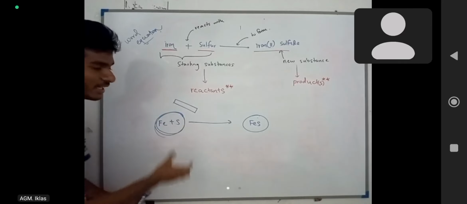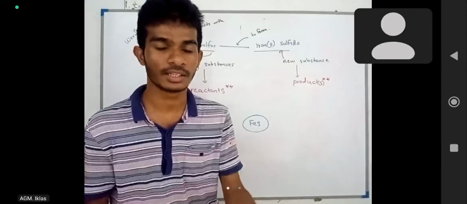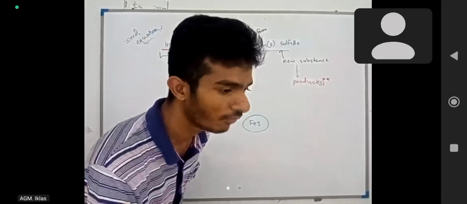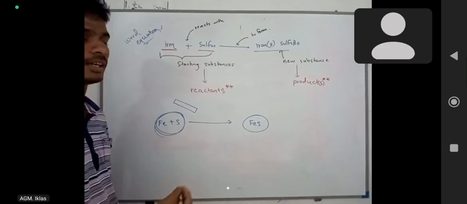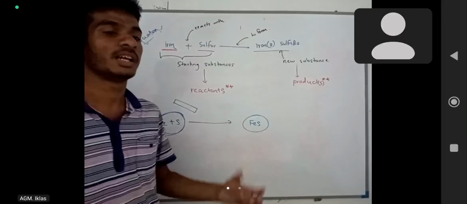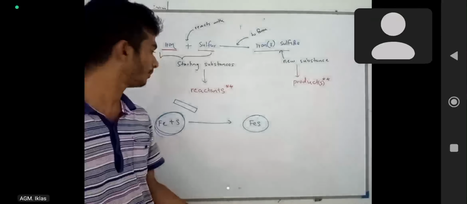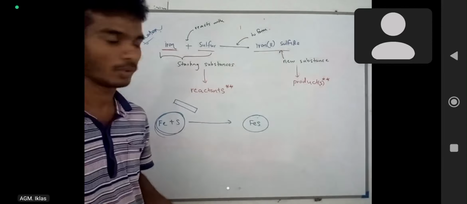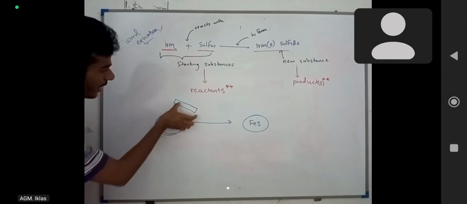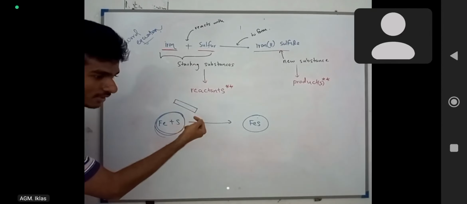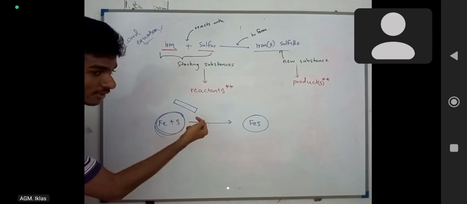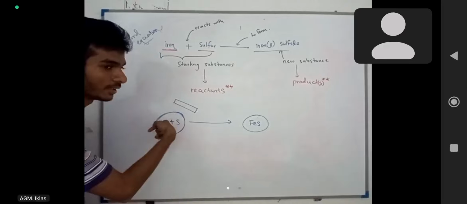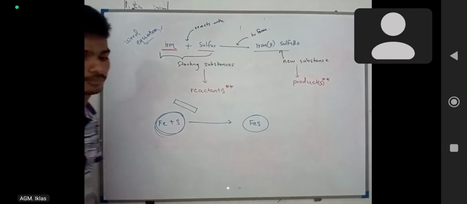Energy is needed in the form of heat. Energy comes in different forms, such as heat and magnetic energy. There are several kinds of energy. In this reaction, energy is taken in as heat.